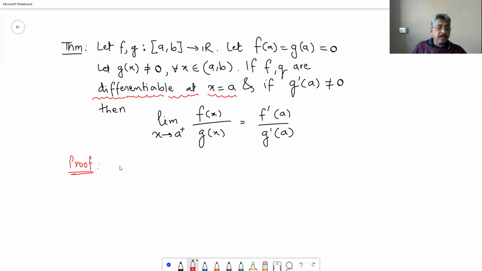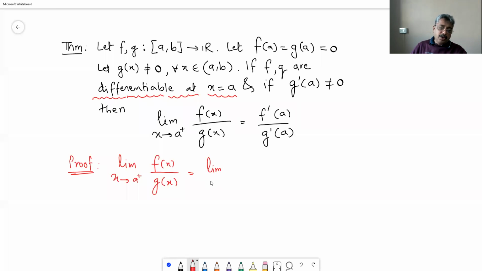Proof. What is given? Given limit x tends to a plus f of x upon g of x. We are supposed to start with the LHS. This is what we want to find out, and we are supposed to reach towards the derivative in the numerator and the derivative in the denominator. So we have to have in mind the definition of the derivative of f of x at a. So we have to move in that direction.